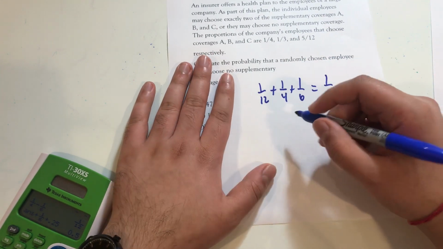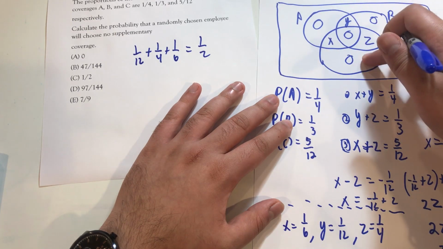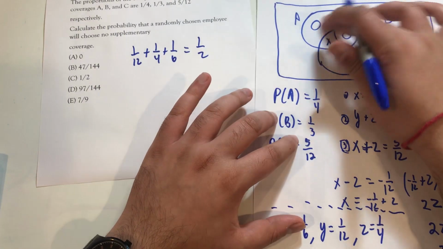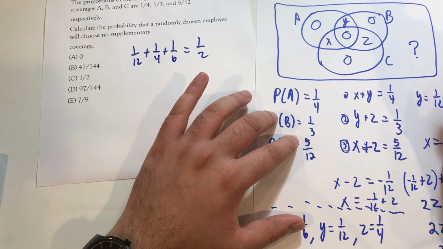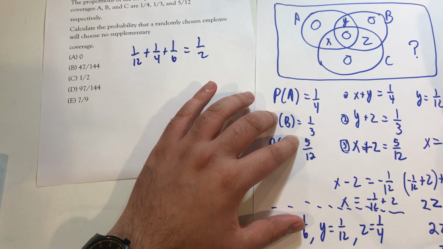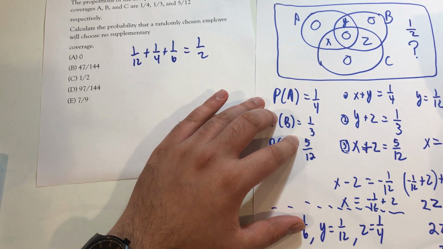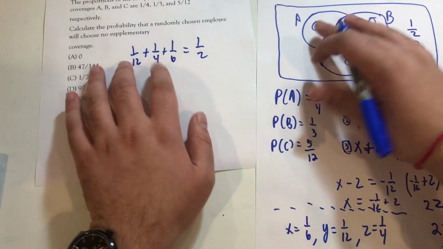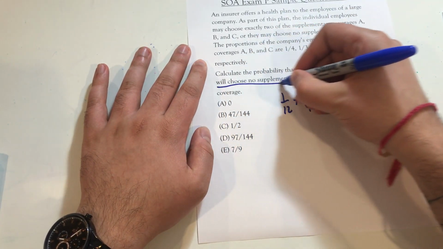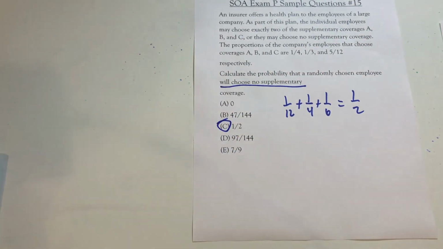So that would be the probability of A or B or C. And that would imply that the probability of not having any coverage would be 1 minus the probability that you have coverage. So 1 minus 1/2, which is 1/2. And that's the probability that a randomly chosen employee will choose no supplementary coverage. So we end with answer choice C.